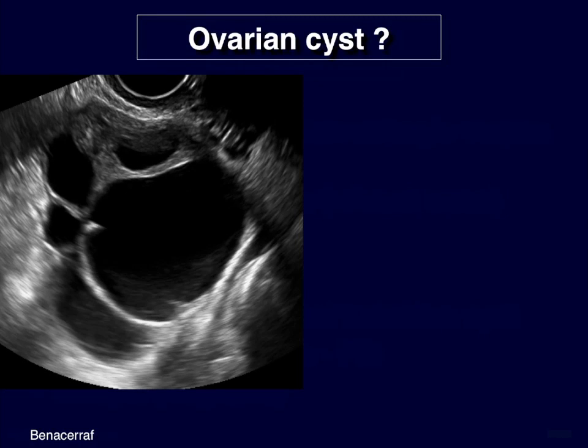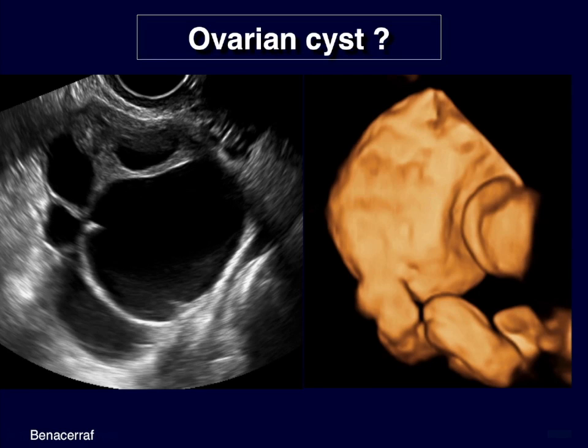So is this an ovarian cyst? This looks like a complex septate ovarian cyst. But in fact, you don't know because you're given a single slice and you have no idea how these septations would be aligned if you were taking a volume of this. So if you do take a volume of it and you take everything inside that volume that is cystic and make it opaque, make a cast of everything that is fluid inside the volume, you will make a cast, in this case, of a hydrosalpinx.